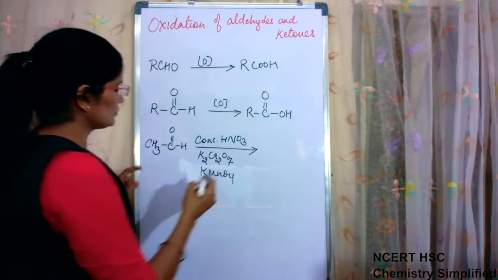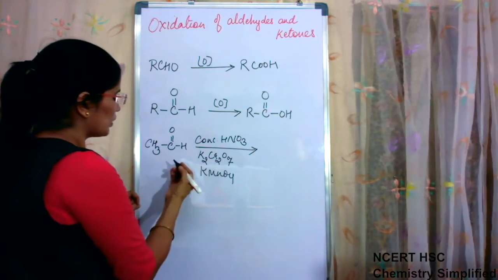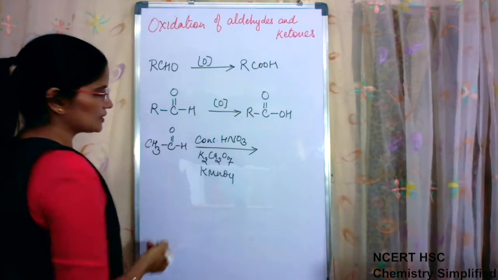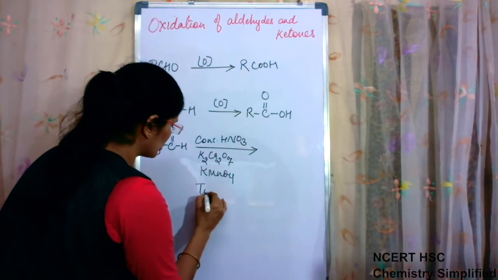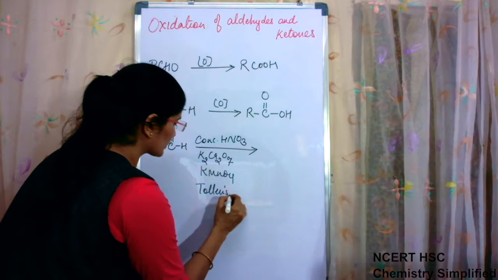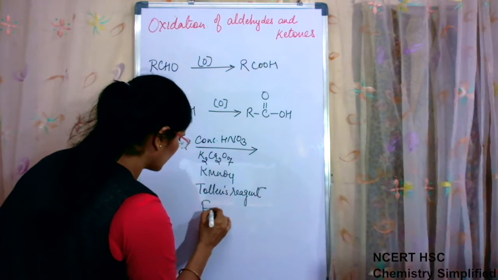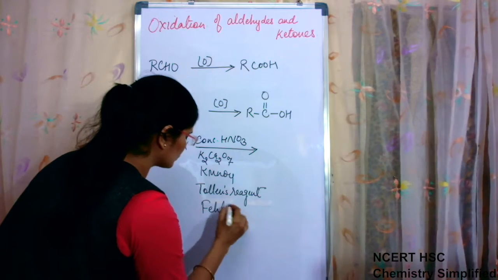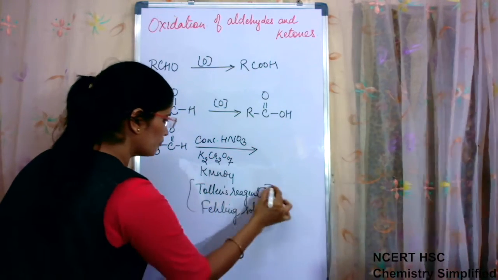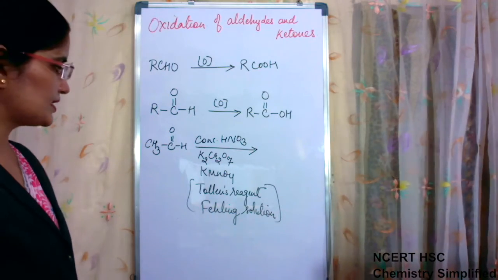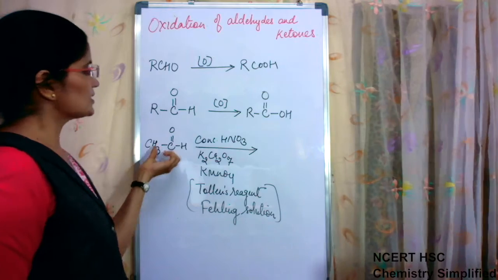We can use KMnO4, which is again a strong oxidizing agent. Along with these, aldehydes can also be oxidized by very weak oxidizing agents like Tollens reagent or Fehling solution. These two are very weak oxidizing agents and can only oxidize aldehydes into acids.